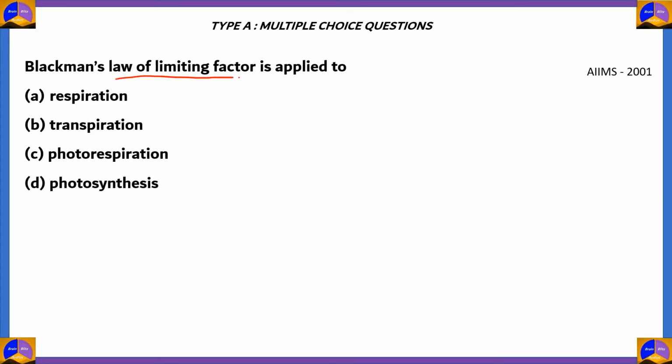Blackman's law of limiting factor is applied to A, respiration, B, transpiration, C, photorespiration, D, photosynthesis. Now, what is the law of limiting factors?